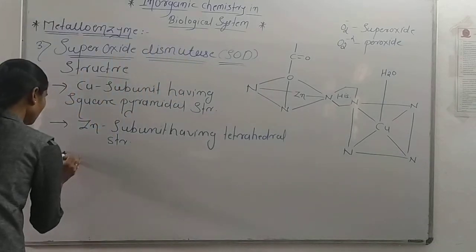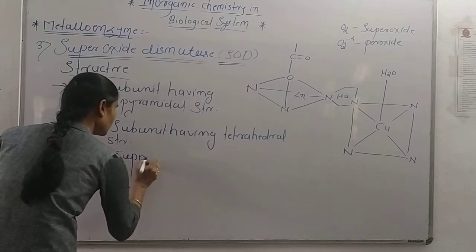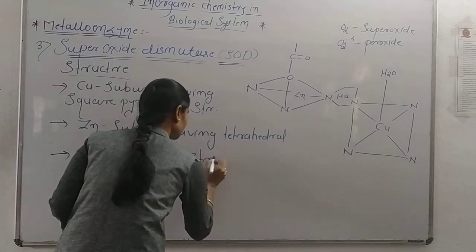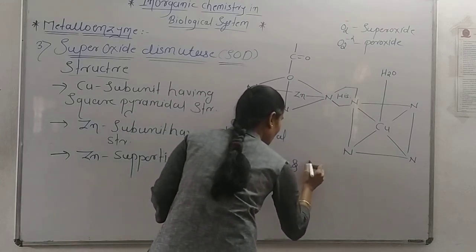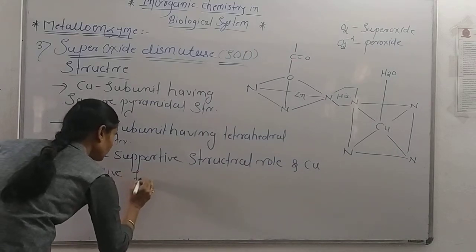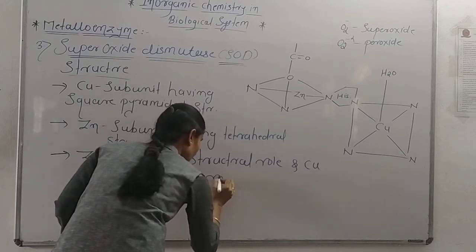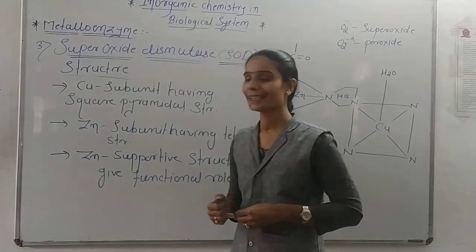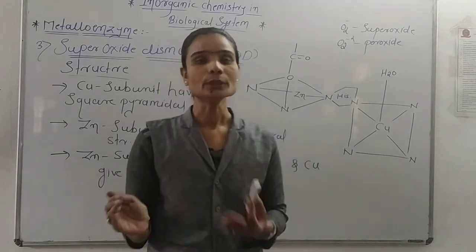and copper gives the functional role. And we know the function of this superoxide dismutase is to convert superoxide into peroxide.